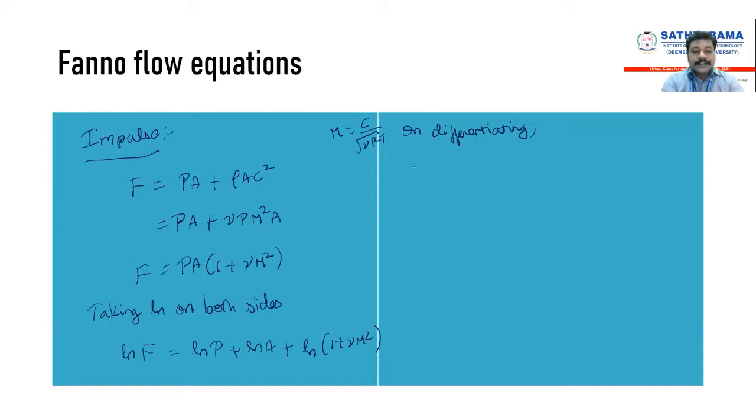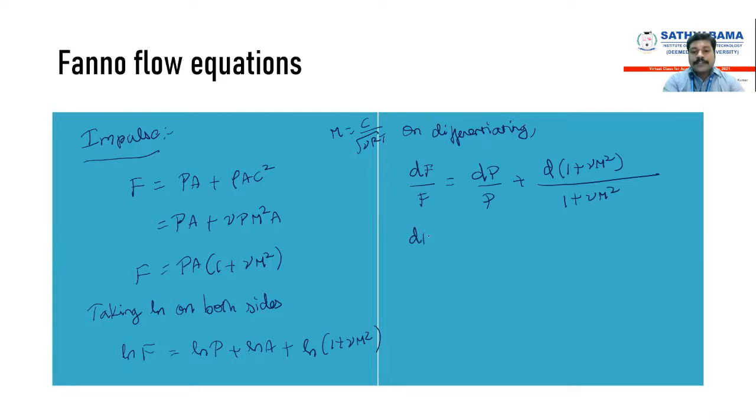It is nothing but dF by F is equal to dP by P, and the area is constant area, right? So on differentiating ln F, we are getting 0. Then on differentiating this term, what we get? Differentiation of 1 plus gamma M square divided by 1 plus gamma M square, right?